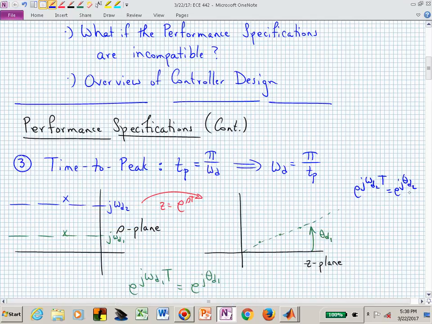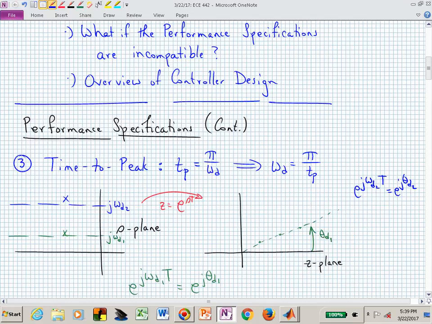And how is theta sub d2 related to theta sub d1 relative to this picture in the z-plane? I haven't changed capital T, and all I've now changed in that expression is omega sub d1 to omega sub d2. And I think you see in the s-plane that omega sub d2 is a bigger value than omega sub d1. What's that mean relative to the angle? It's a bigger angle.